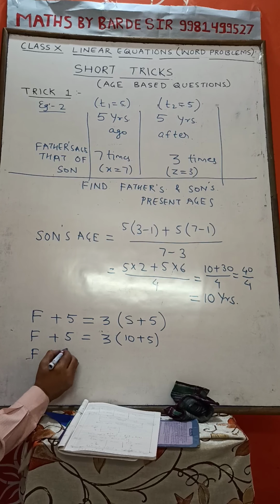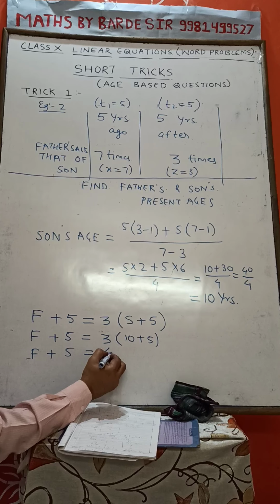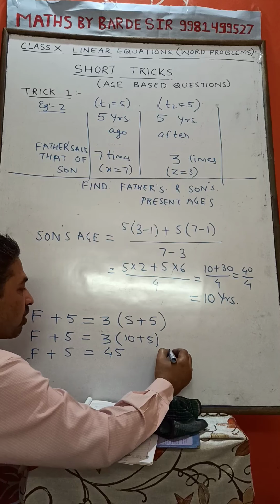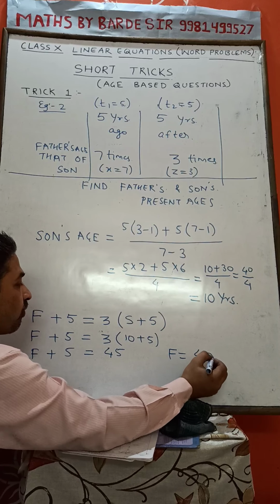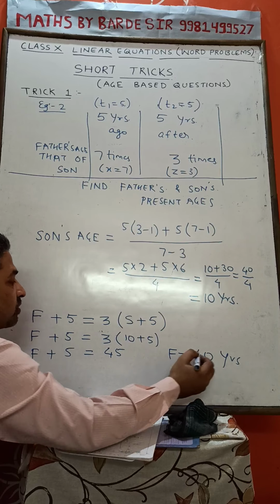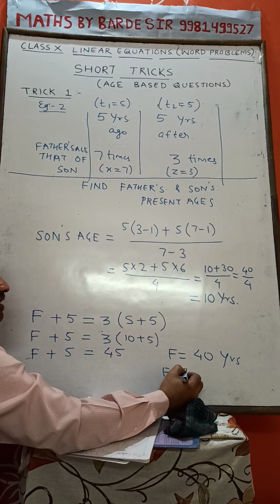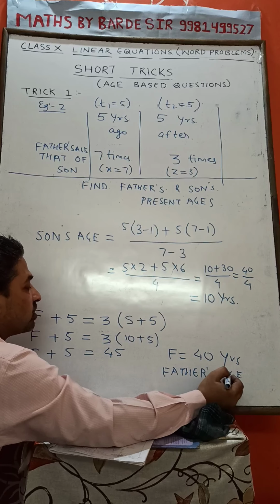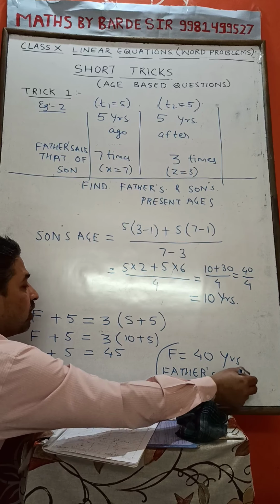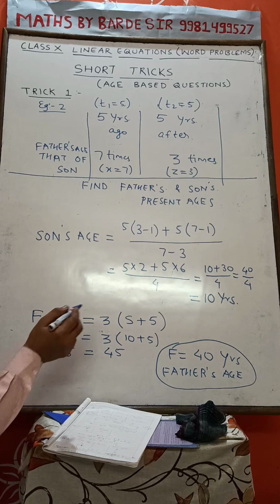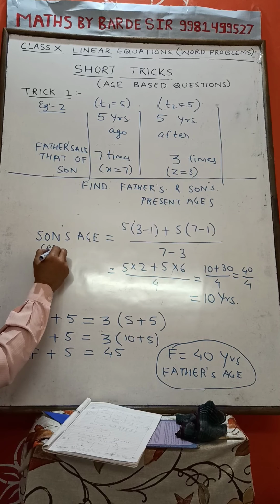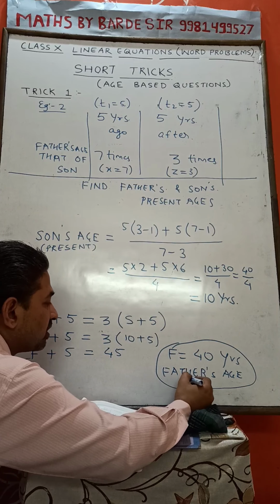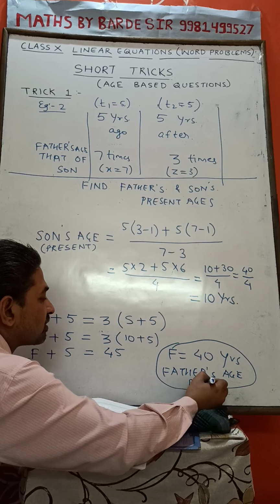So we get f plus 5 is equal to 45. Therefore, f is equal to 40 years. So we have obtained father's age also. This is father's present age, and this is son's present age.